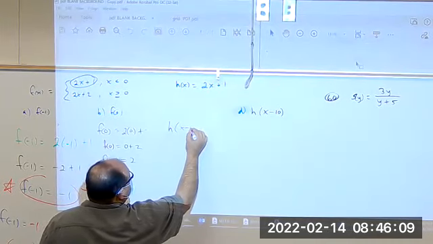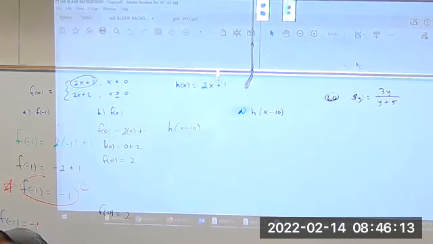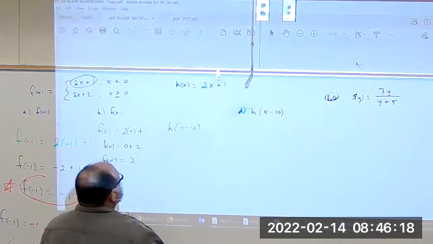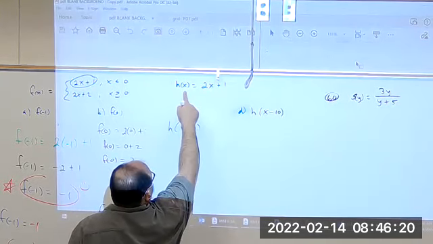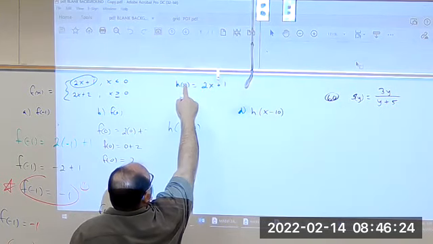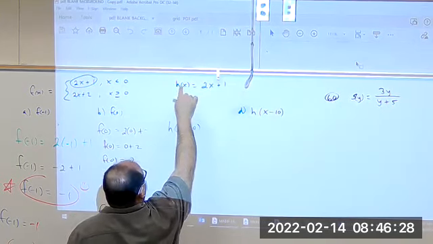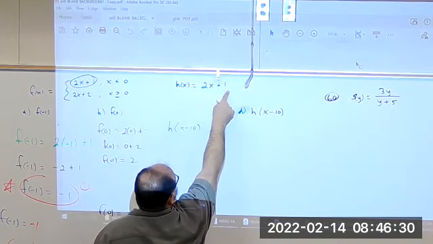H of x minus 10. Here's what it's talking about. Whatever you plug in for x, you multiply by 2 and then you add 1, no matter what. If I plug in 90, 2 times 90 and then plus 1.